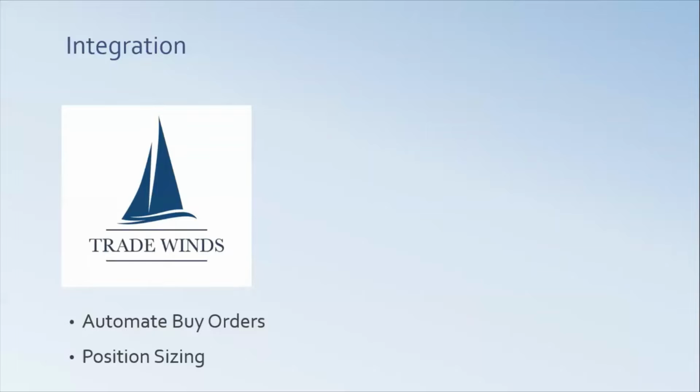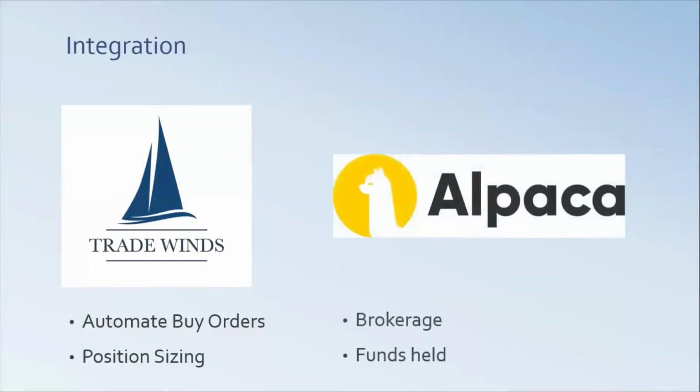In this video, we're going to focus on connecting TradeWinds with our preferred brokerage partner, Alpaca. Now, Alpaca is a US platform that is available to people in over 200 countries, and it's our preferred broker because it offers, amongst other things, fractional shares.